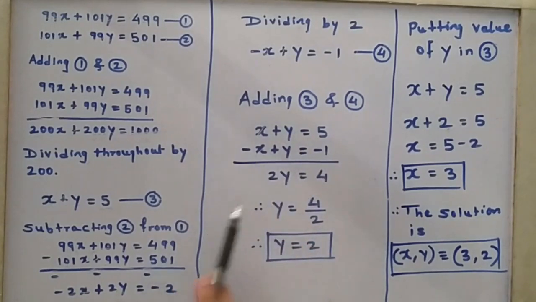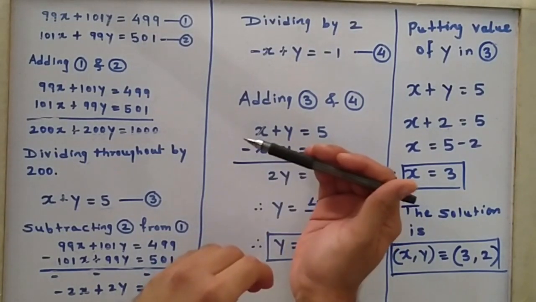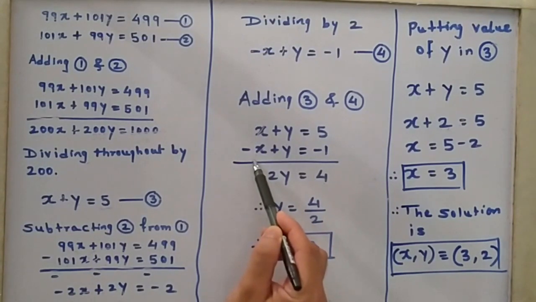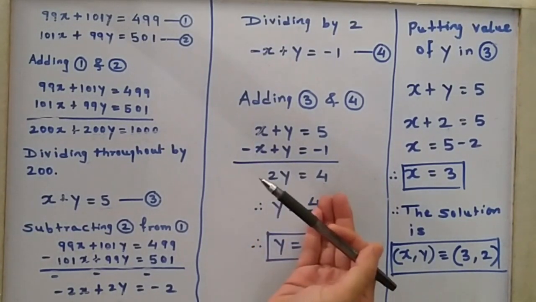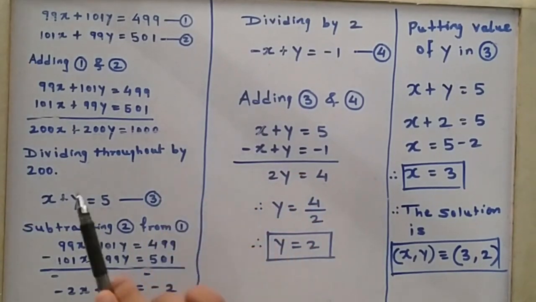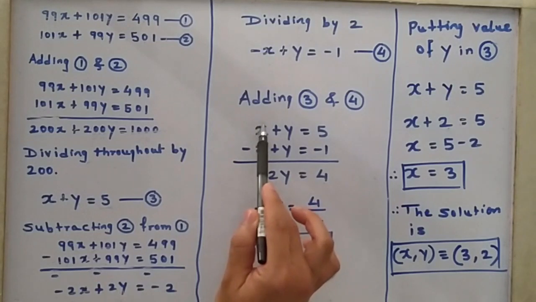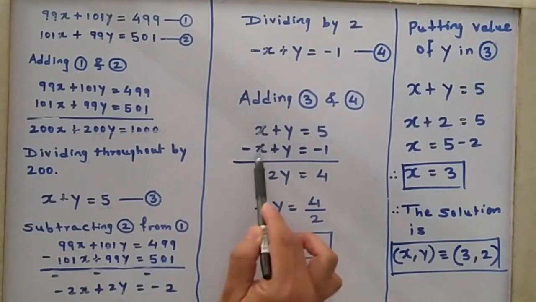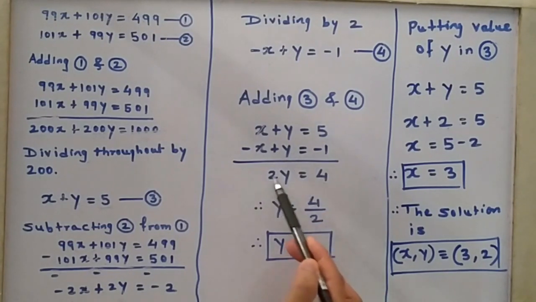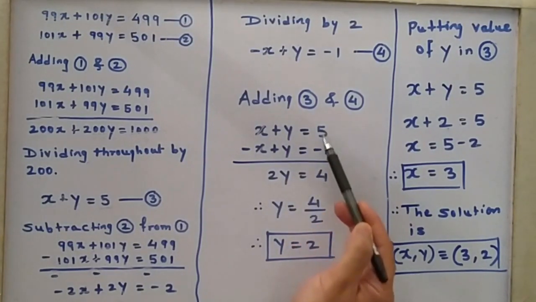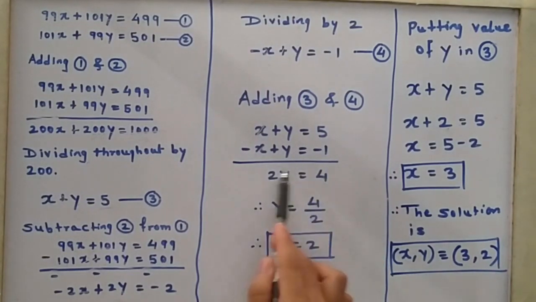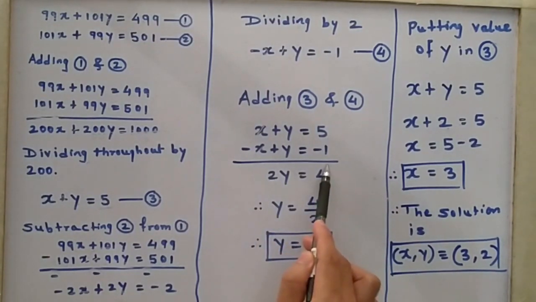So if we add these two equations, the plus x and minus x will get eliminated, and we will get the value of y. So x minus x gets cancelled, plus y becomes 2y and 5 minus 1 becomes 4. So we get 2y is equal to 4.